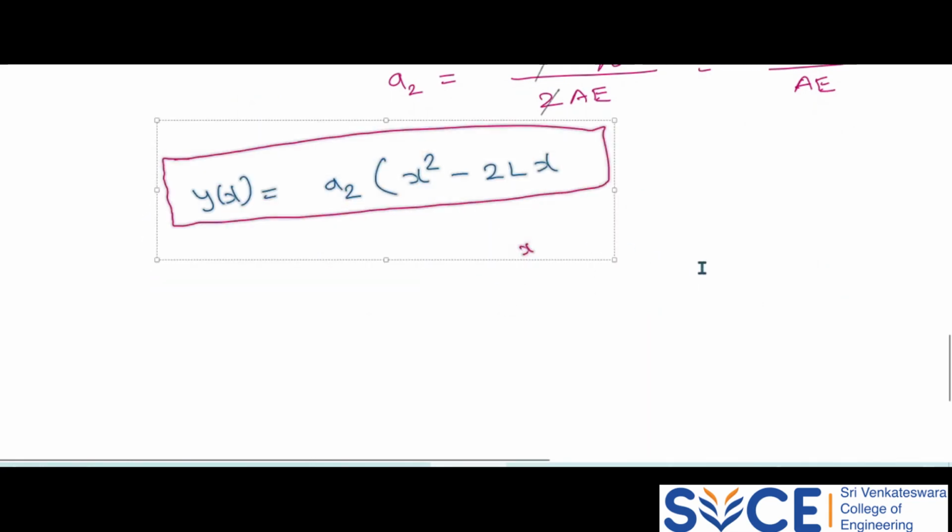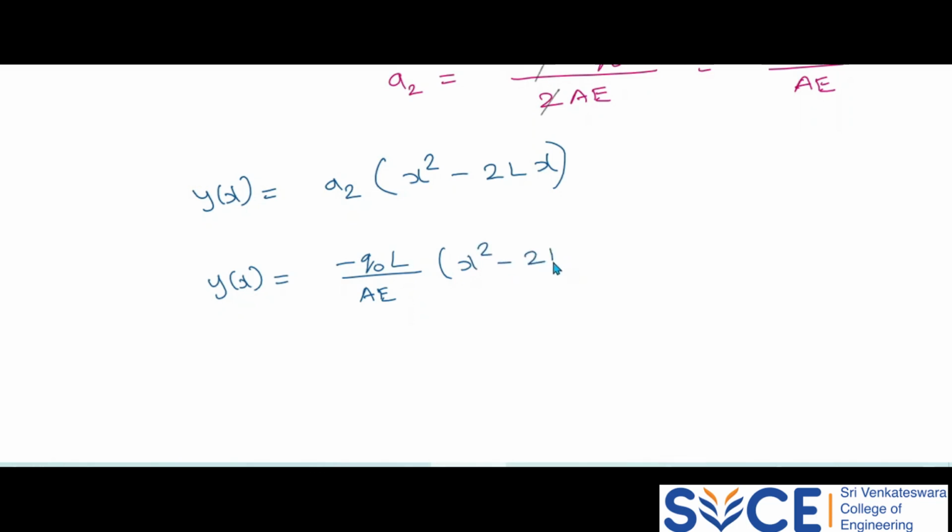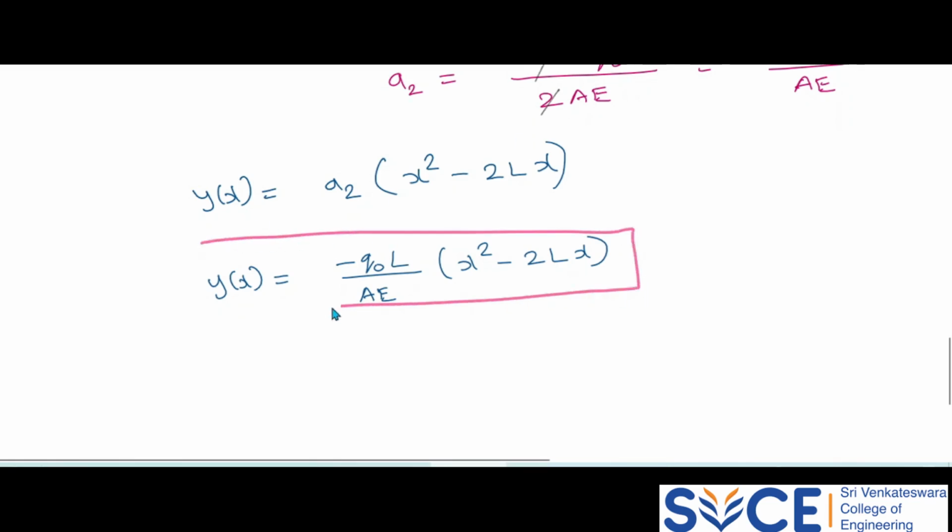In this trial function a2 is identified. So y of x is equal to minus q naught L divided by ae into x square minus 2Lx. This is my equation, the answer with respect to the point collocation method.